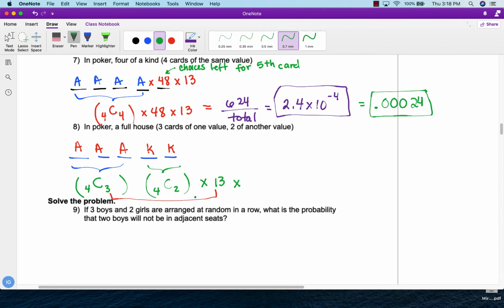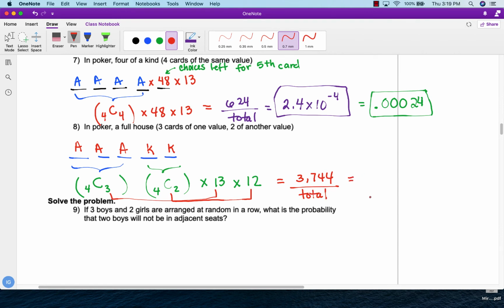And then for the second card, you're not going to have 13 options anymore because you're using one of them already. You're going to be left with 12 options. So the second card is you're going to have 12 options, okay? So we're going to do 4 choose 3 times 4 choose 2 times 13 times 12. Alrighty, let's see what that's equal to. So 3,744, and we're still dividing by the total.